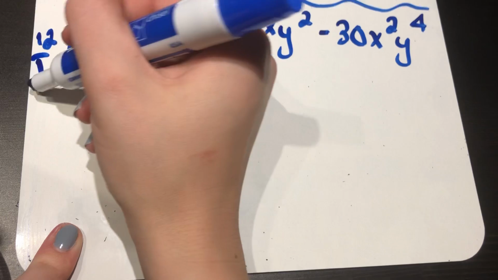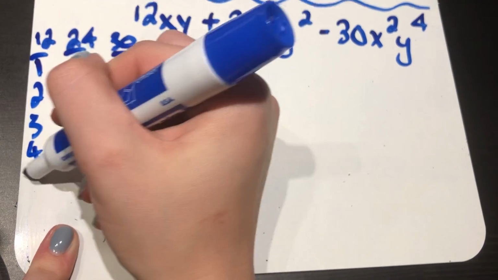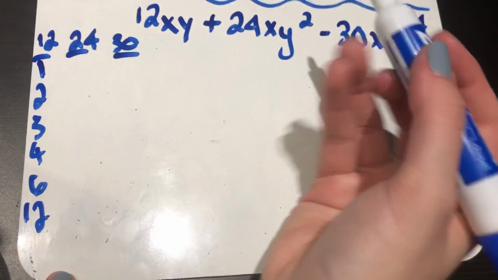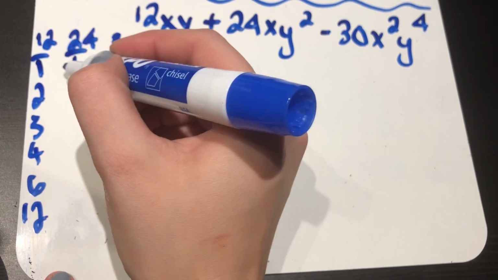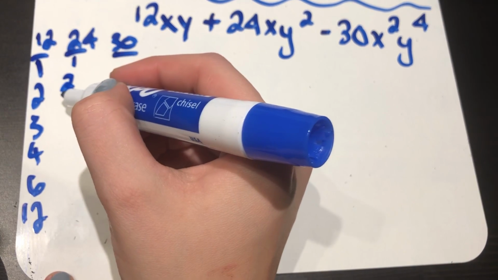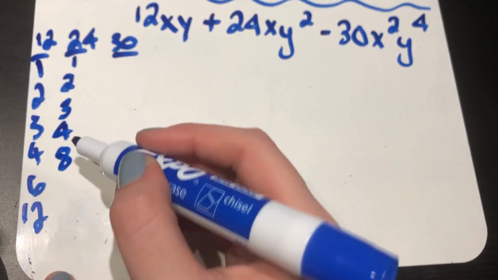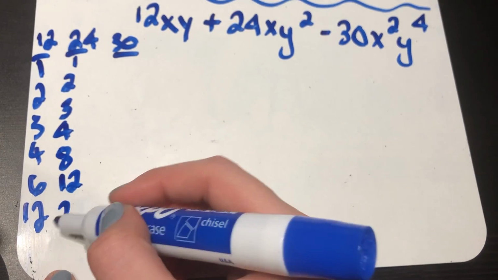Okay, for 12, I got 1, 2, 3, 4, 6, and 12. And then for 24, I've got 1, 2, 3, 4, 8, 12, and 24.